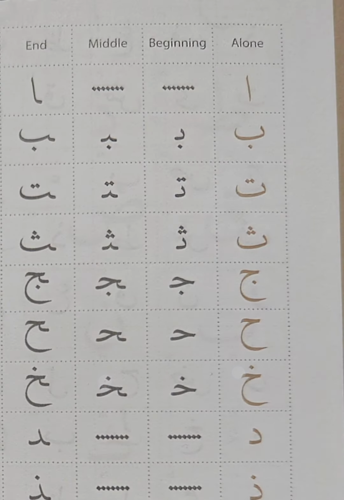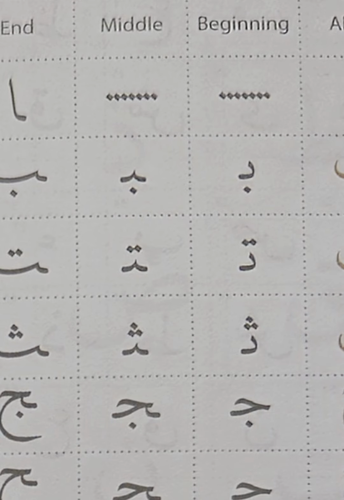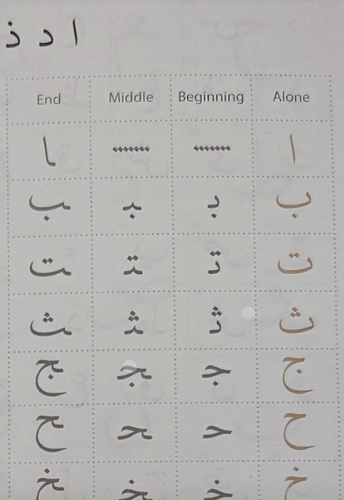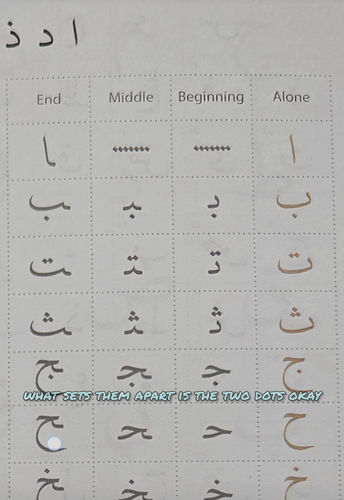So when we look at ba, the beginning looks like this, and if it's found in the middle of a word, it looks like this, and at the end, it looks like that. And ta is the same. What sets them apart is the two dots.